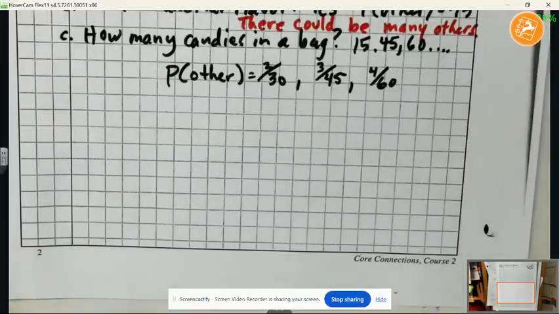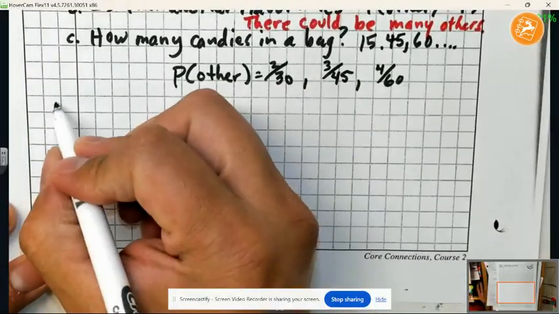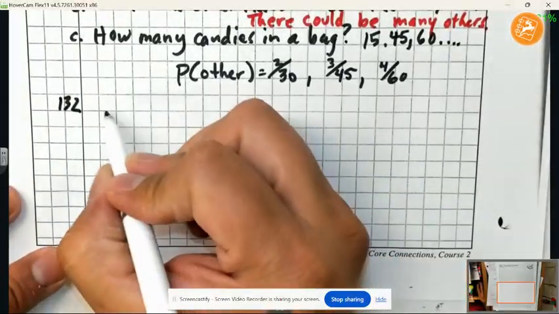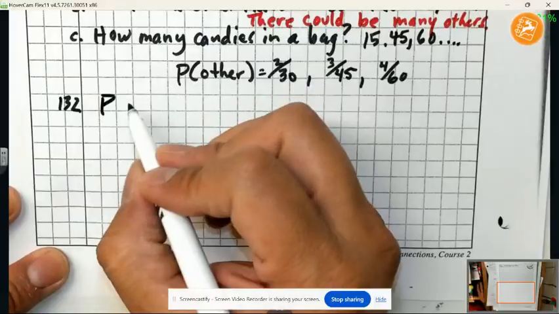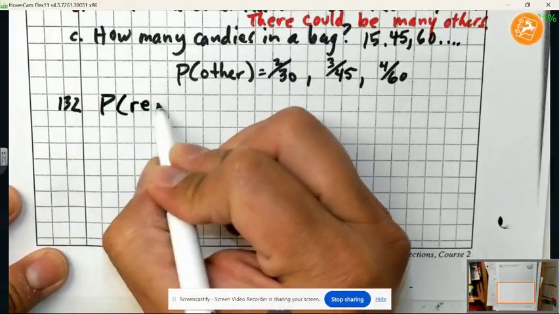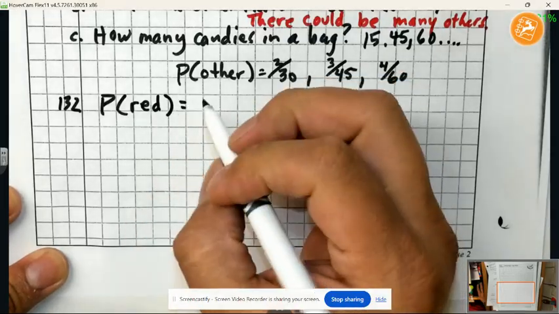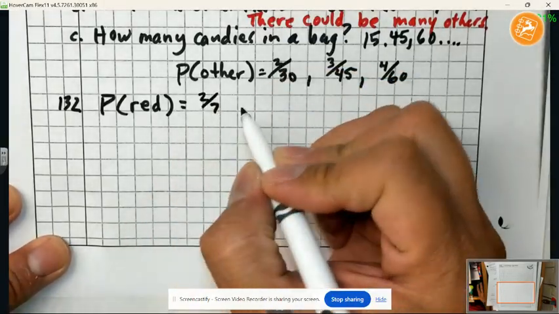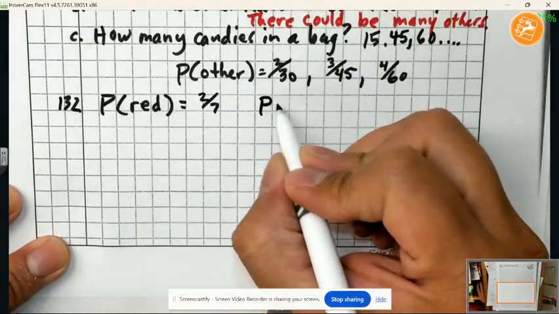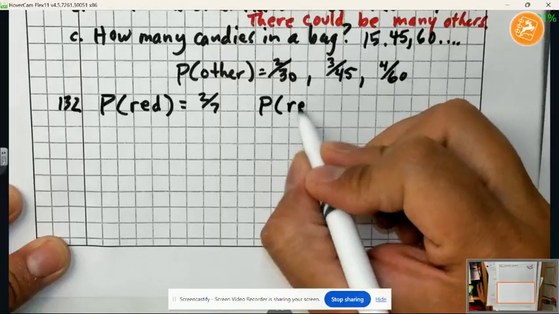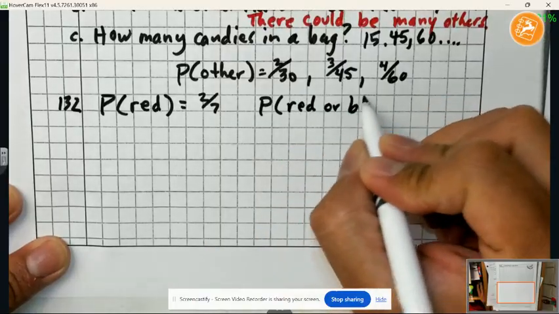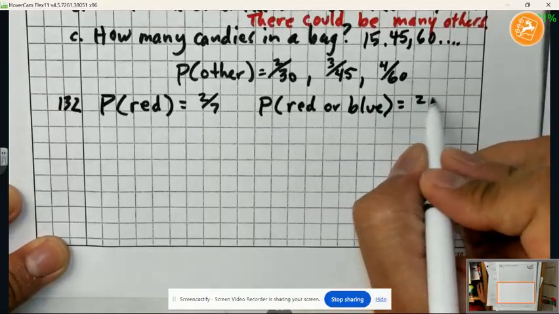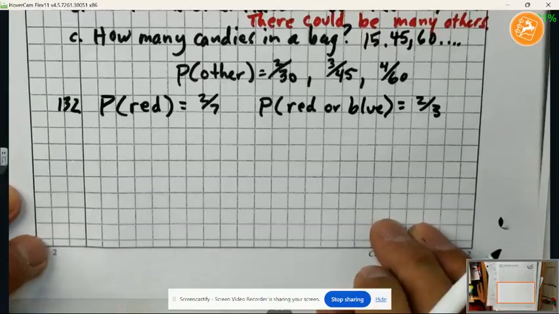This is problem number 132. The probability of getting a red marble is 2/7. And the probability of getting a red or a blue marble is 2/3.